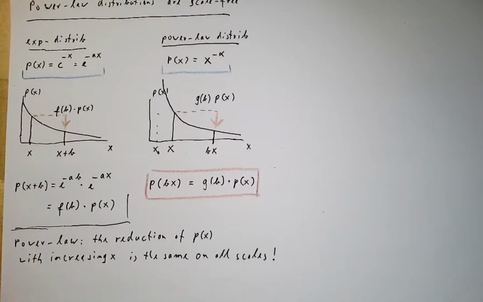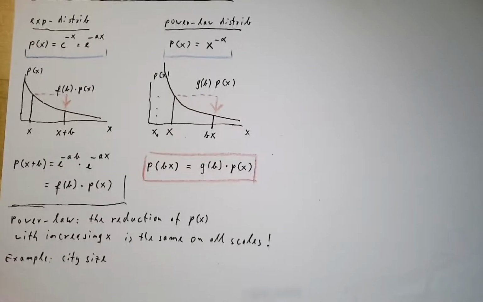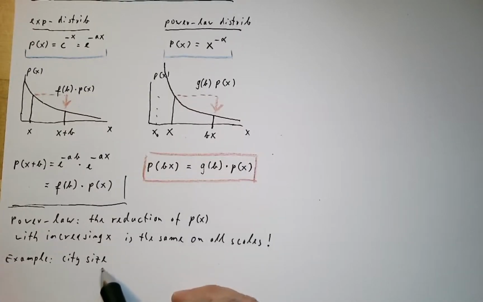Let's take an example, because that's really a fundamental property. Let's take an example, for example, city sizes. And I told you that city sizes are approximately power law distributed with an exponent about 2. Alpha is about 2.